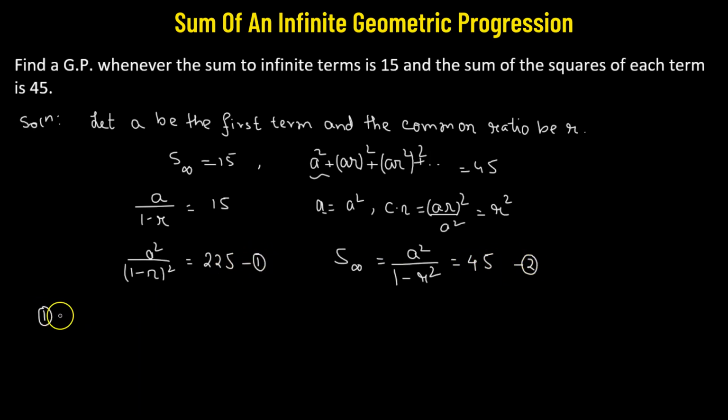So let's divide equation number 1 by equation number 2, which will be a squared divided by 1 minus r whole squared, multiplied by the reciprocal of a squared over 1 minus r squared. So we have 1 minus r squared divided by a squared. This equals 225 divided by 45. The a squared and a squared get cancelled.